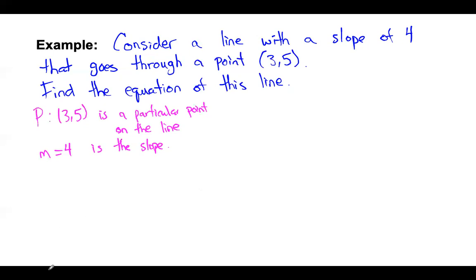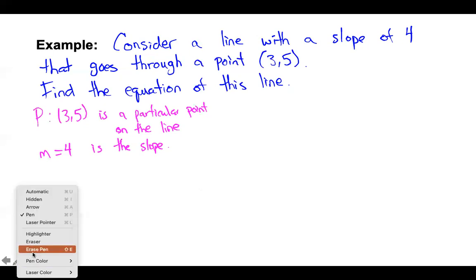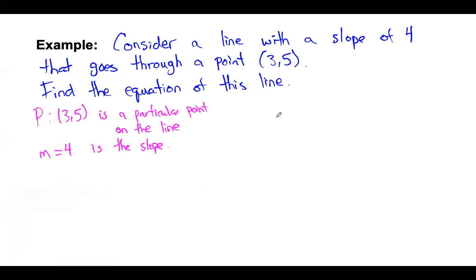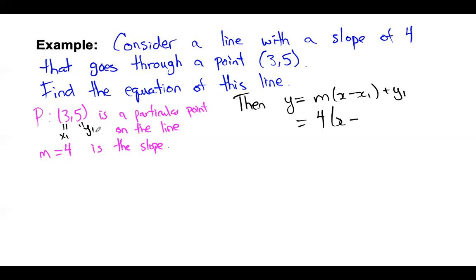Okay, so then y, of course, is equal to our formula, which we just showed. So we can substitute this in. Our slope equals 4. X here is just generic, minus our particular point. So this is x1, y1.